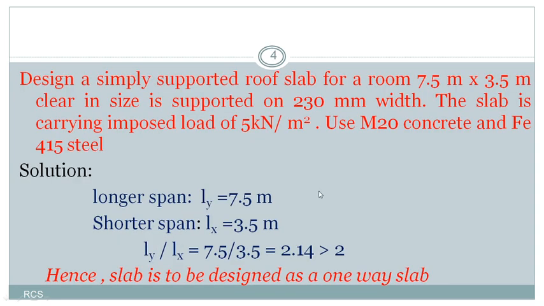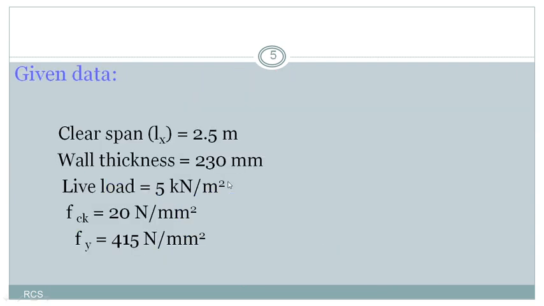Similarly, the grade of steel used is Fe 415, that is, fy equal to 415 Newton per mm square, the characteristic strength or yield strength of the steel. So by deciding the type of slab and with the given data, we have to design our simply supported one-way slab.